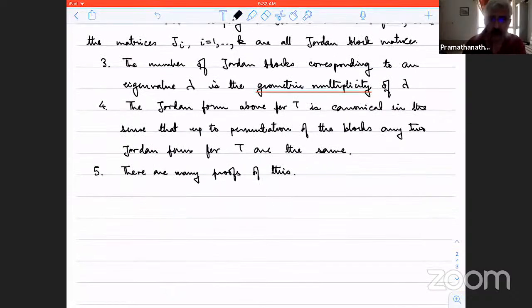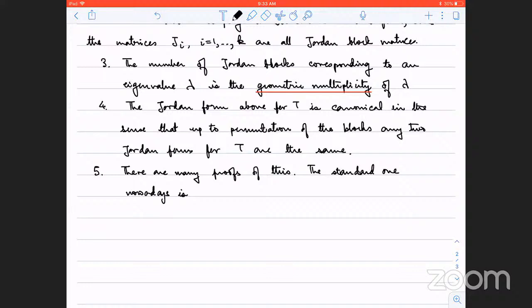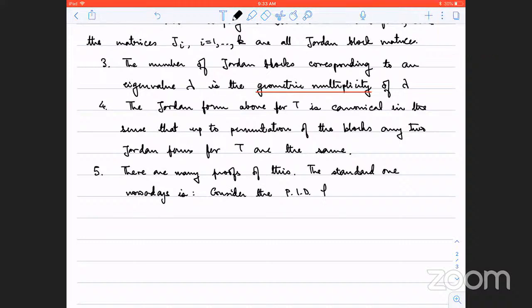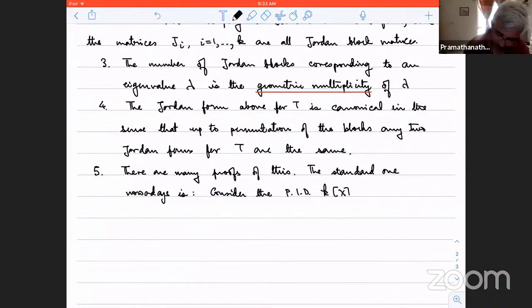The standard one nowadays is to consider the PID K[x], where x is a variable.